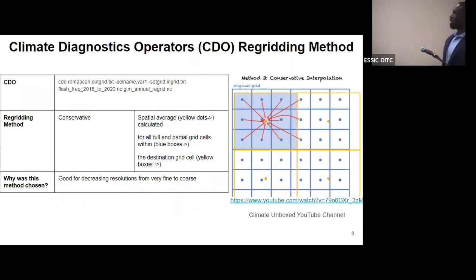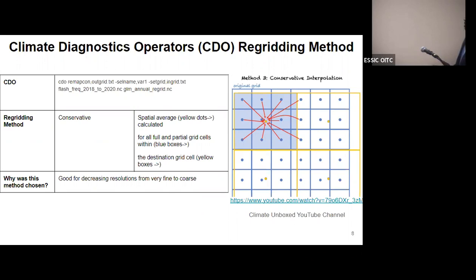So we used climate data diagnostics operator software for our conservative regridding. The reason we used conservative regridding was because we had a very high resolution data set that we needed to get to more coarse model resolution.